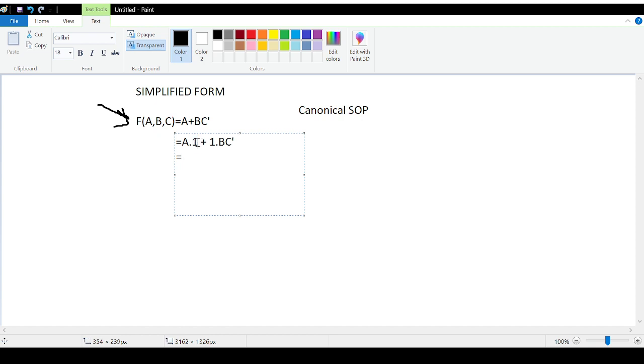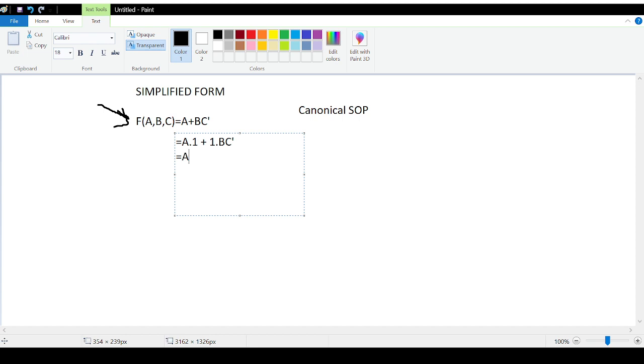Yes, miss. By the Boolean algebra rules, A and 1 is A, right? 1 into 0 is 0, 1 into 1 is 1. So if I have A, I can write it as A into 1.